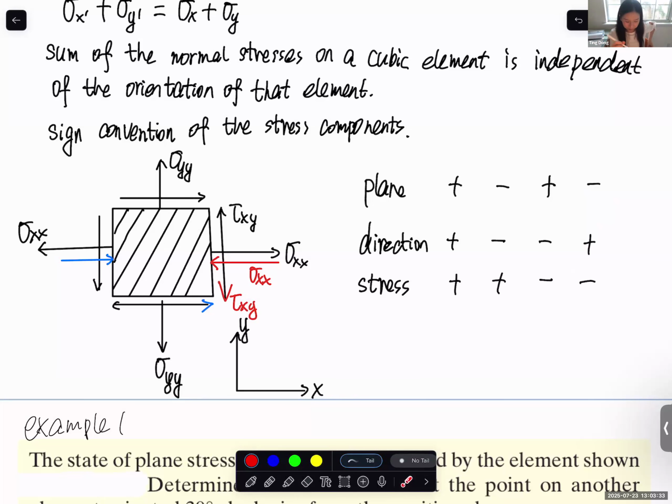Yes, you are correct. Remember that we talked about the sign convention of internal shear force. We said this one is positive, right? Remember in the first class of this semester. You are correct. And now, because of the second-order tensor, this becomes positive.